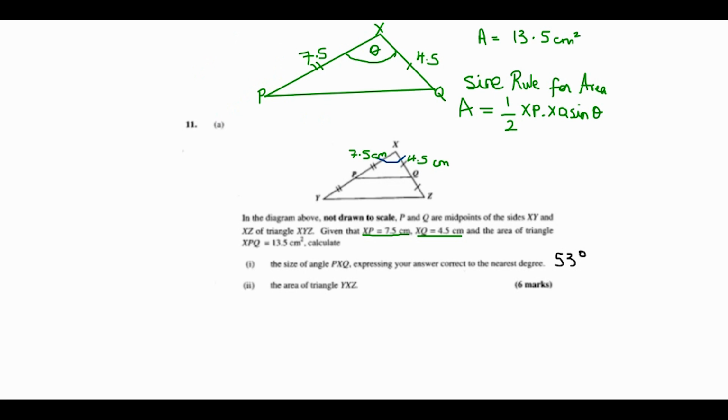So I want you all to take a quick look back at the original diagram, look at the information that they provided for us, and tell me, what do you think you can do with the information that they've given here? What do you think you can do to be able to get the area of the triangle YXZ?